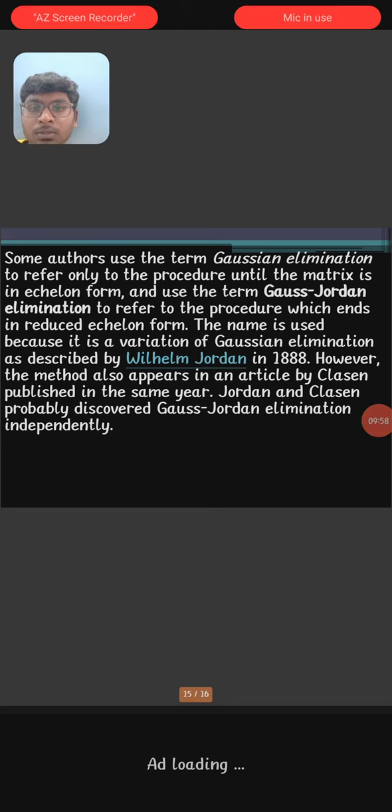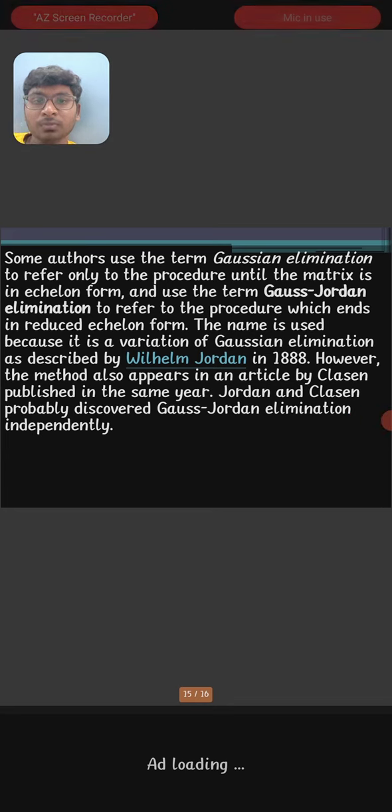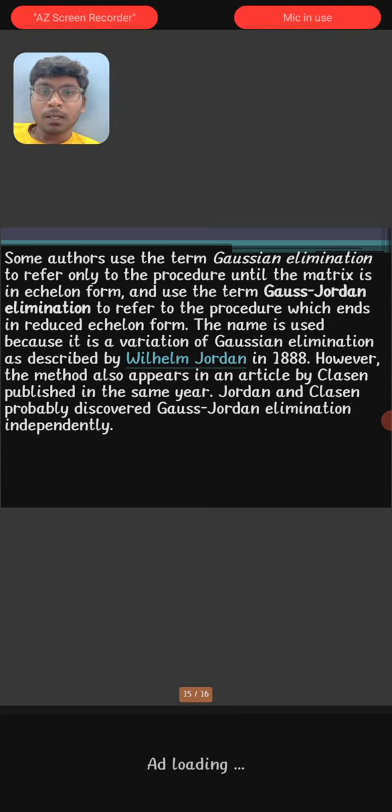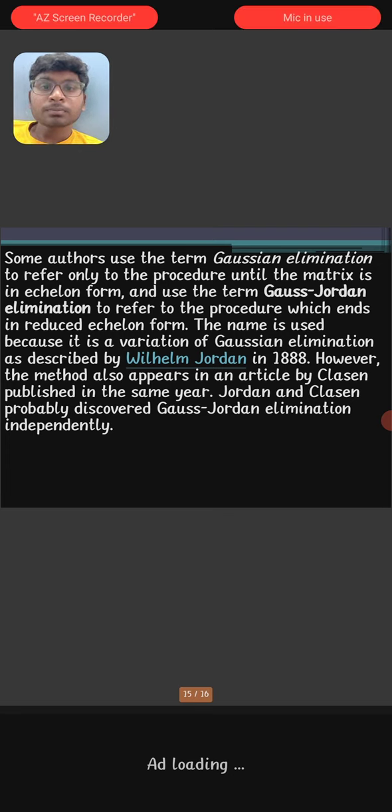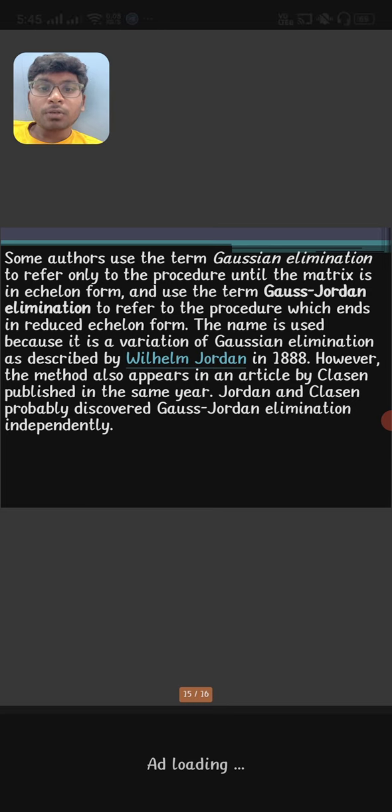Some authors use the term Gaussian elimination to refer only to the procedure until the matrix is in echelon form, and use the term Gauss-Jordan elimination to refer to the procedure which ends in reduced echelon form.